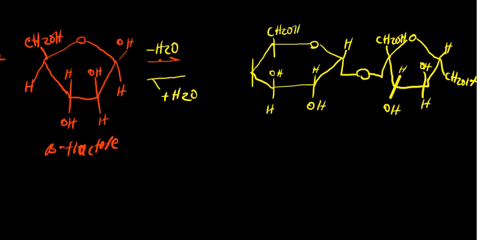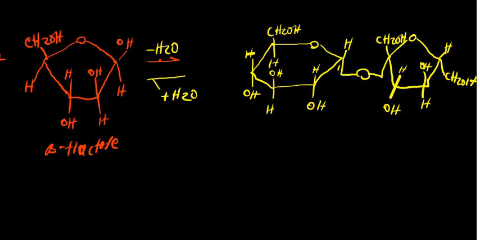As you can see, this is carbon 1, and this is carbon 2. So this is the structure of sucrose.